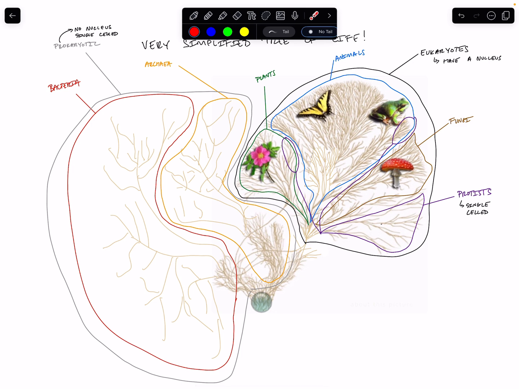However, before we were able to do this, the only way we could categorize things was by how they looked. And so protists hail from a time where these categories were created using microscopes and seeing what things looked like. So these protists, they look more like one another than they maybe do plants, animals, or fungi. So they were put into a group, but it's a false group.